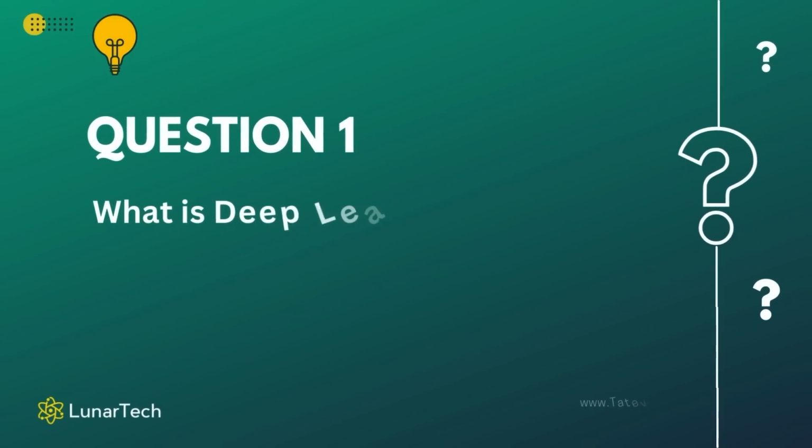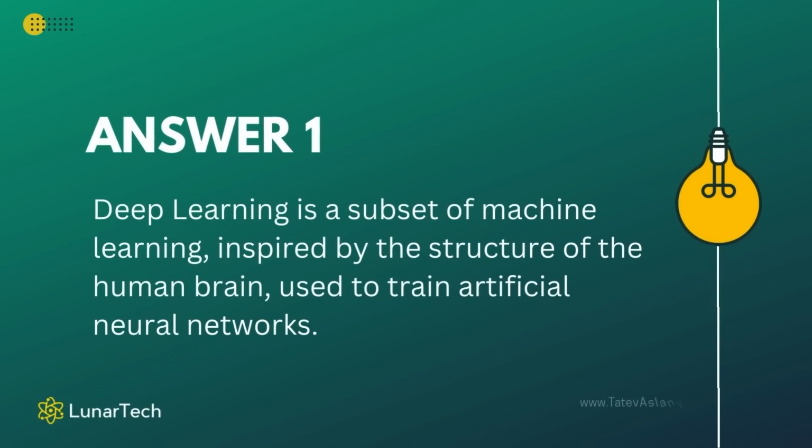In this question, your interviewer wants to understand whether you have an understanding of where deep learning comes in comparison to machine learning, in comparison to AI, and you can briefly mention the idea of neural networks and how it is related to the human brain.